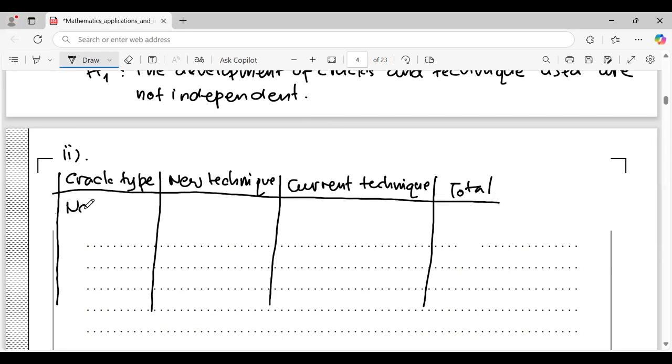You may fix your table if you will create your table. But listen, this is no crack, minor crack, major crack, and the total.